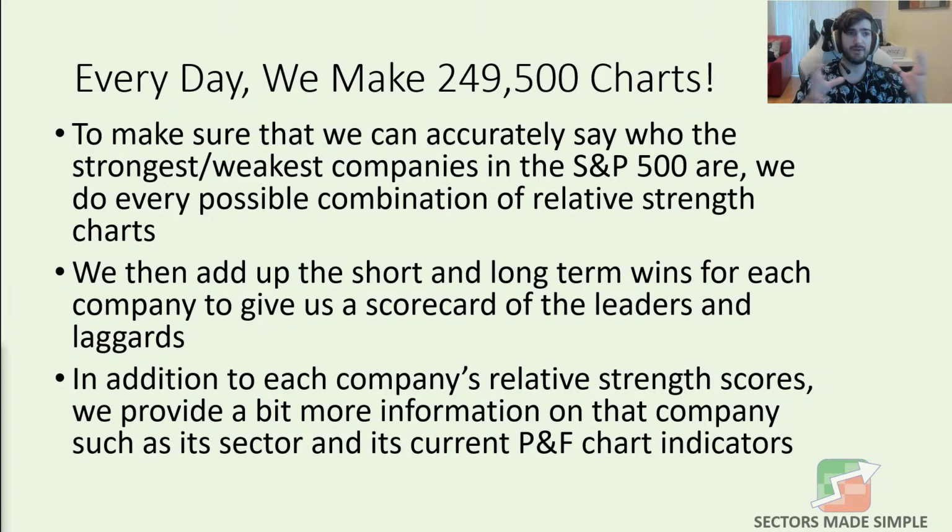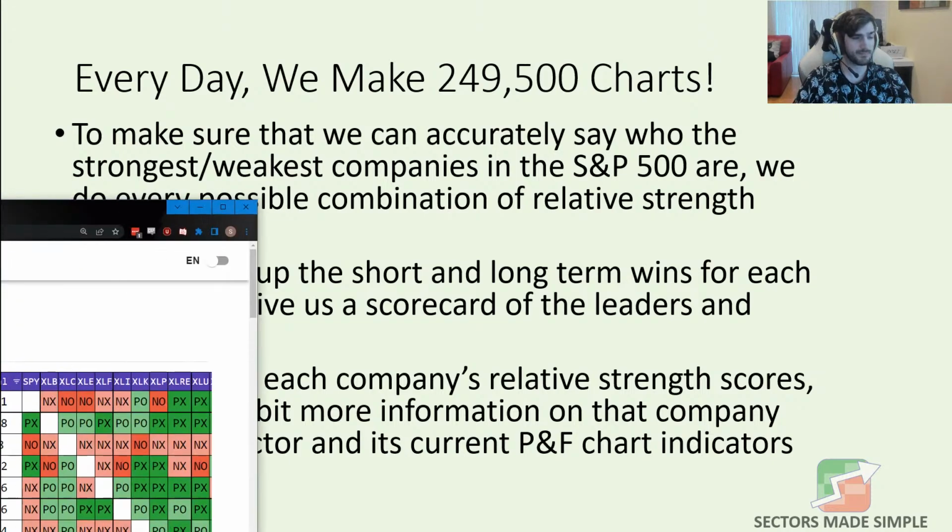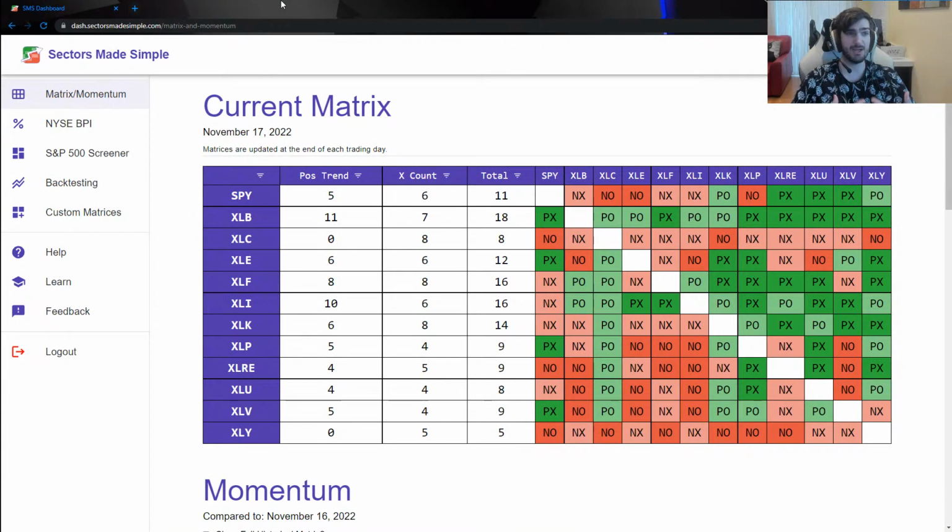The first part of what I've described is what we call the matrix. It has been our main tool that we have offered for the past 2 years, and it looks something like this. Instead of 500 S&P 500 companies, we look at 11 different market sectors represented by the State Street Spider ETFs and their ETF offering for the S&P, SPY.